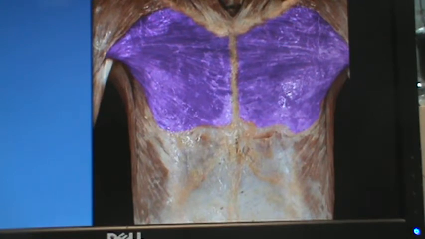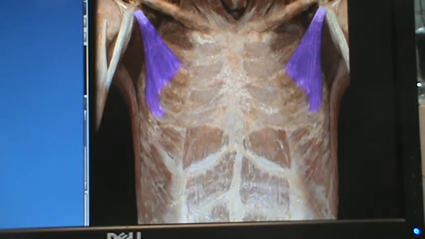That would be the intertubercular sulcus of humerus. What would be the action of it? That would be the prime mover of arm flexing. All right, ready for the next one? Here we go.